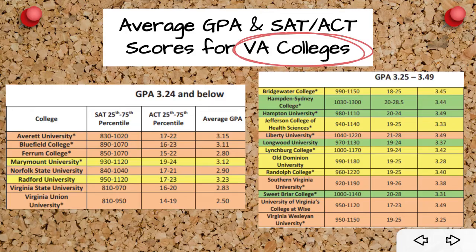Again, remember, a 4.0 is perfect. Take a look at Hampton University. Students that get admitted to Hampton University have an average of 3.49 grade point average. So with this information, which one do you think is going to be more difficult to get into? Hampton University or Norfolk State University?